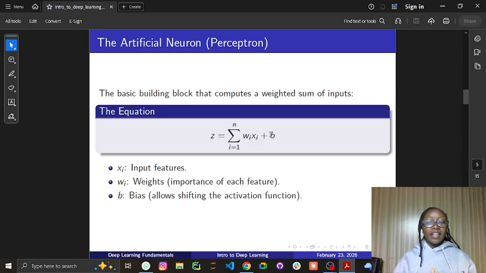Finally, we pass the sum through the activation function, and this is the on or off switch.